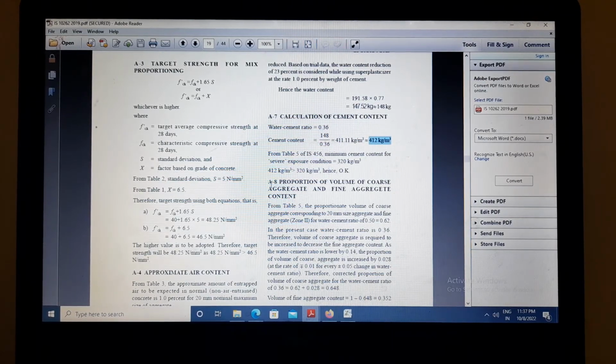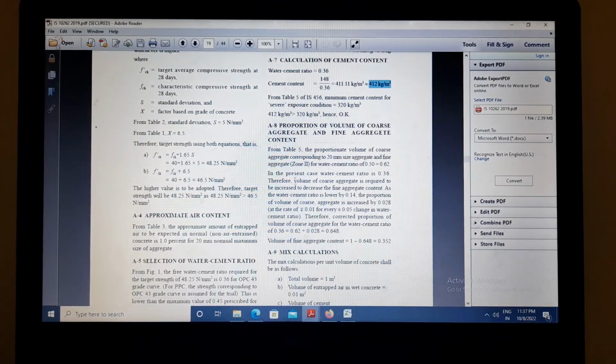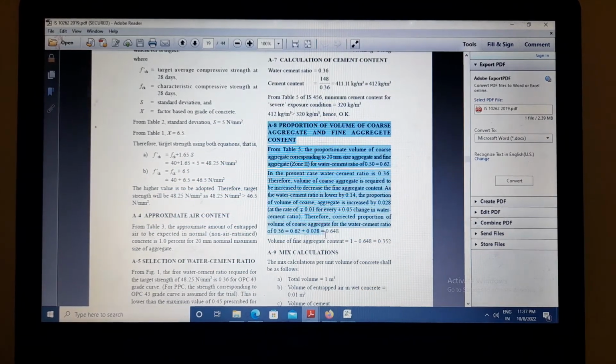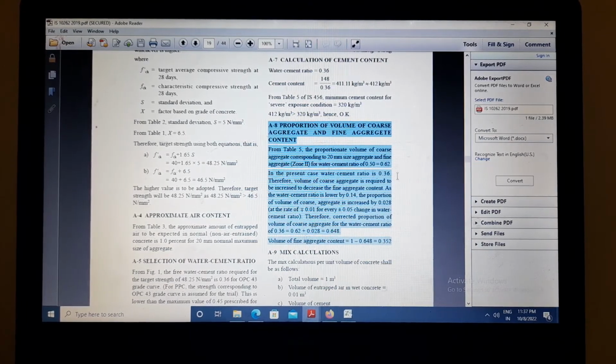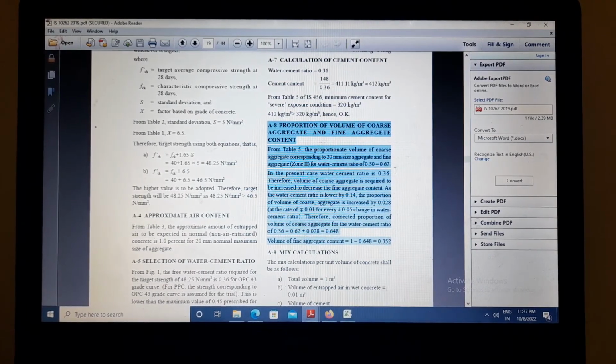Now I am proceeding with A10, proportioning of the volume of the coarse aggregate and fine aggregate. I suggest everyone to go through this before proportioning of the aggregate, and it is not compulsory to use this for proportioning of aggregate. Based on the experience, you can adopt the proportions of aggregate.